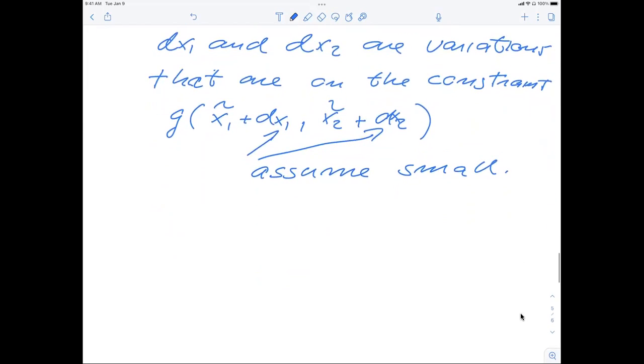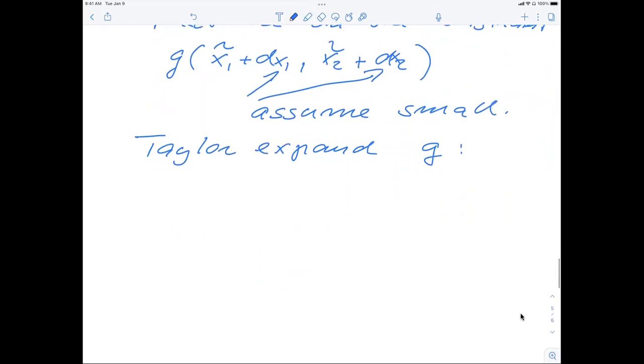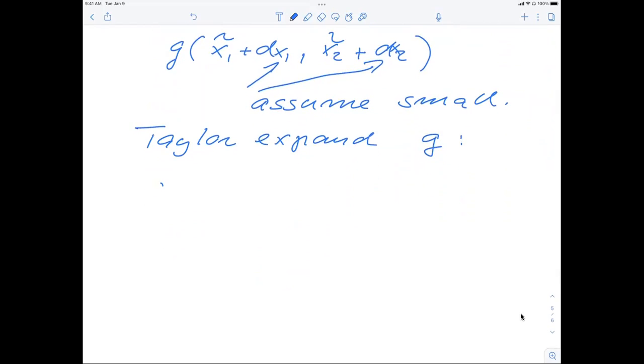Now, if we assume that they are small, then we can Taylor expand this function g. So if we do the Taylor expansion, what we would get is g of x1 tilde plus dx1, and then x2 tilde plus this dx2 here.